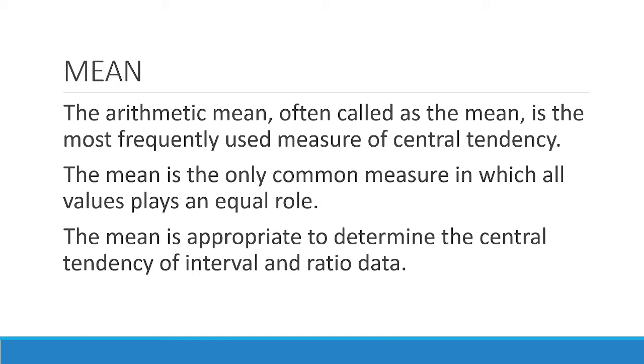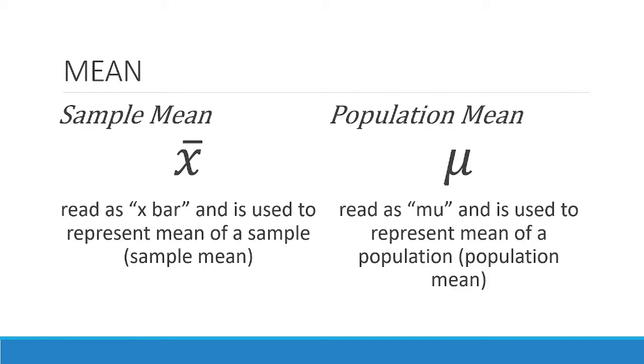So let's move on to the different types of mean. First, we have these notations: the sample mean and the population mean. The sample mean, also read as x bar, is used to represent the mean of the sample. That's why it is called sample mean.